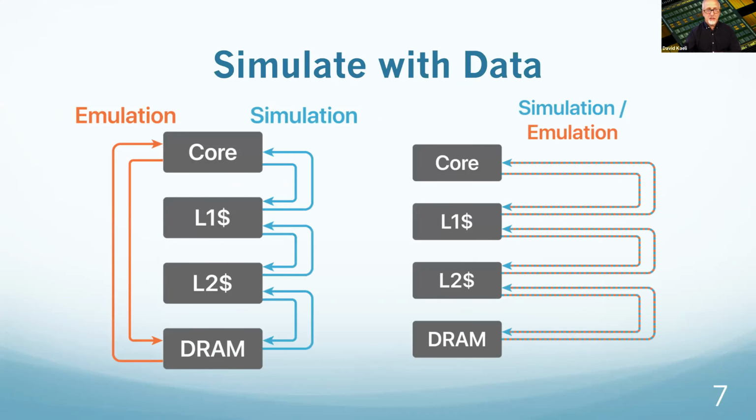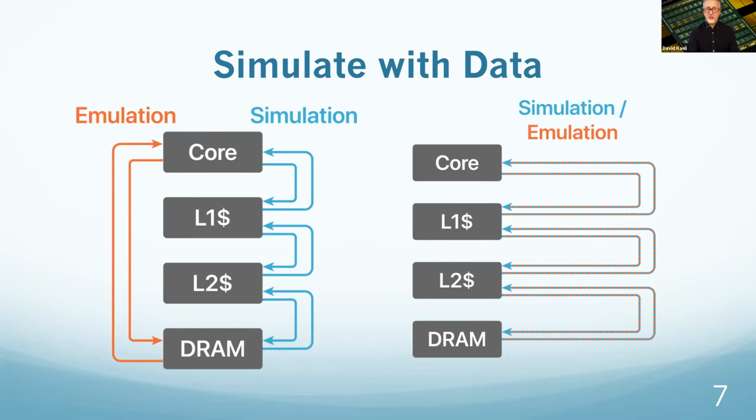Another philosophy is simulate with real data. A lot of simulators, when they fetch something, do a load to an address, but they don't bring data from DRAM to L2 to L1 to the core. They bring a cache line, and what the cache line contains, who knows?